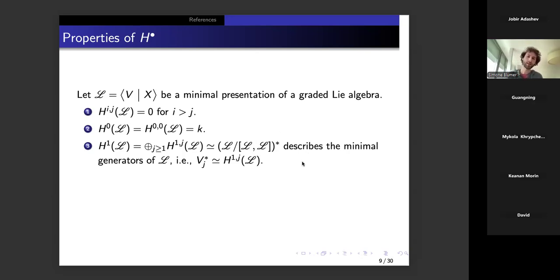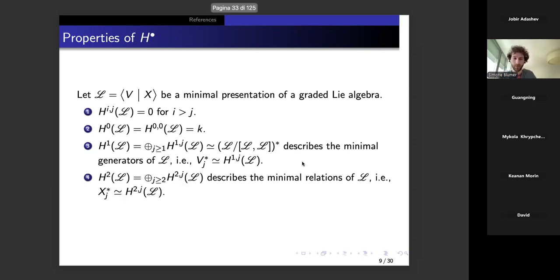So for graded Lie algebras, the dimension of the first cohomology group is equal to the minimal number of generators of the Lie algebra. And moreover, the dimension of each homogeneous component of the first cohomology group is equal to the minimal number of generators in that degree.